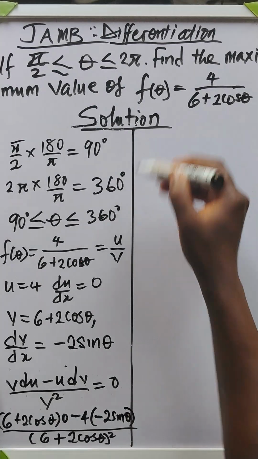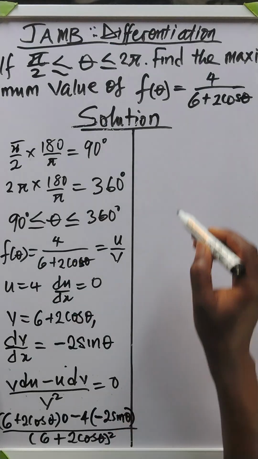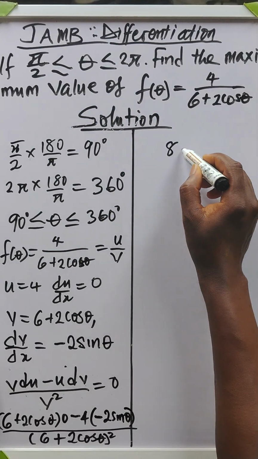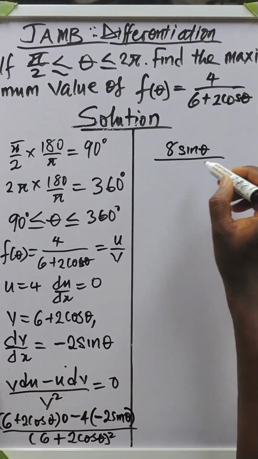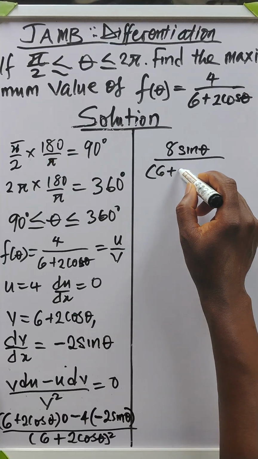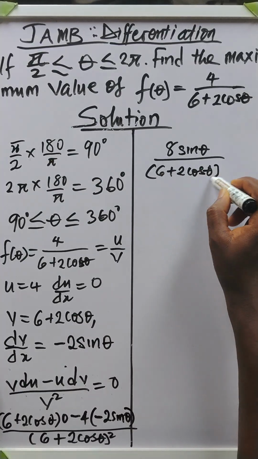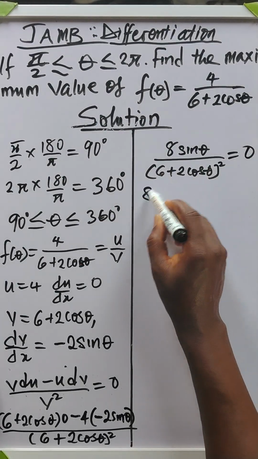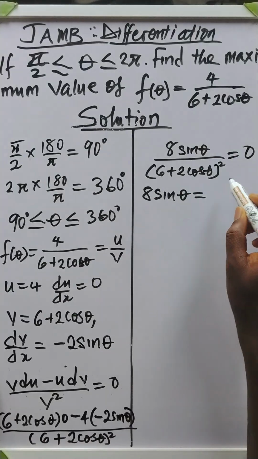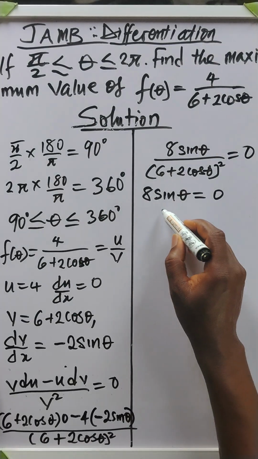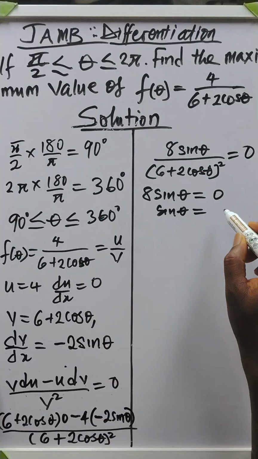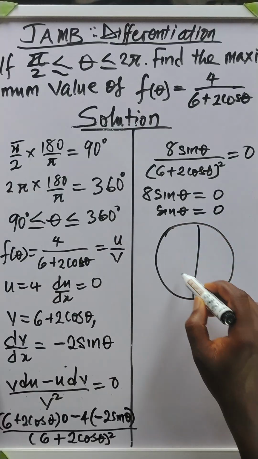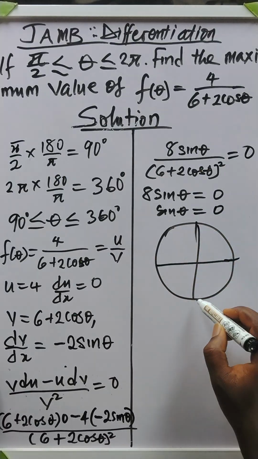So at a maximum point, the gradient is 0. Therefore, my dy dx at that point is 0. If you multiply, this will give me 8 sine theta all over 6 plus 2 cos theta squared is equal to 0 at the maximum point. If you cross multiply, you have 8 sine theta is equal to 0. Divide both sides by 8, you still have sine theta is equal to 0. Now, at what points in the quadrant is sine theta 0?